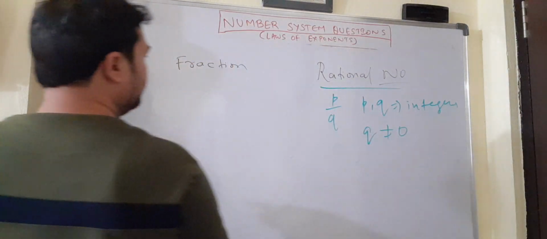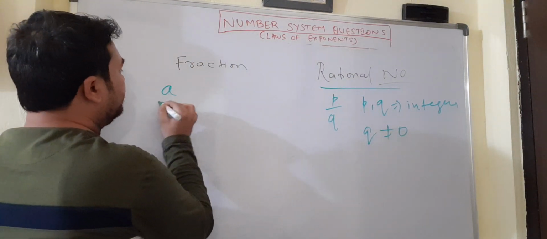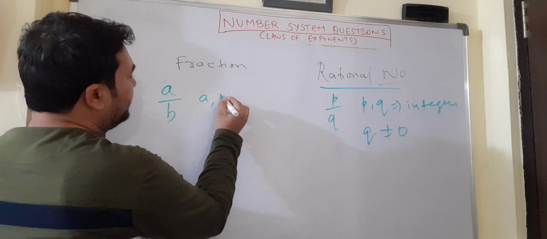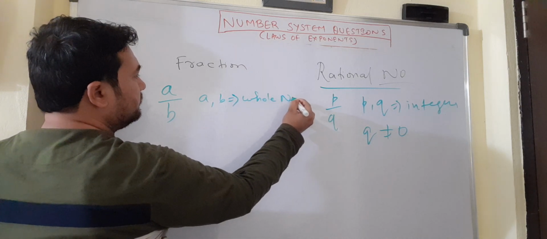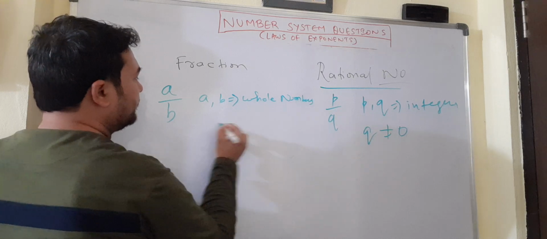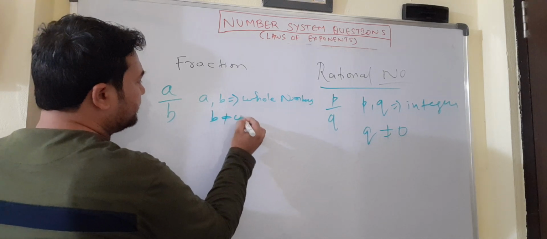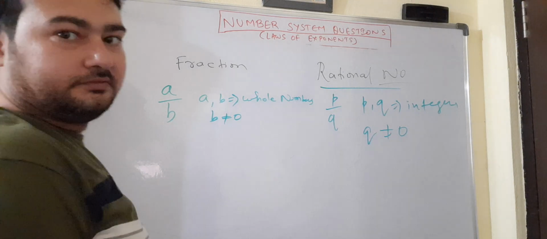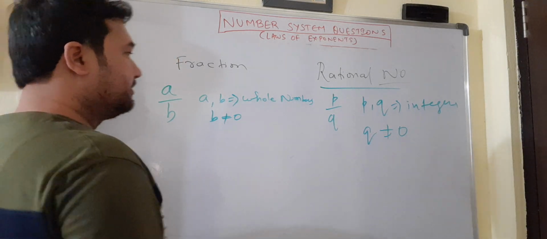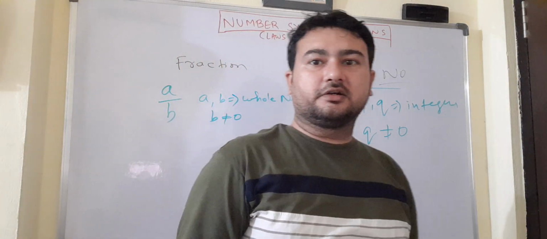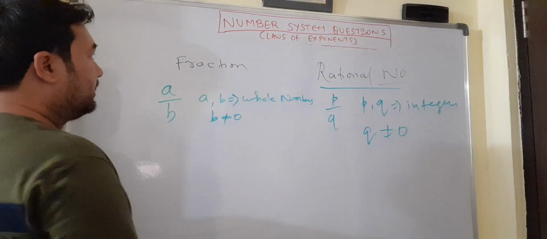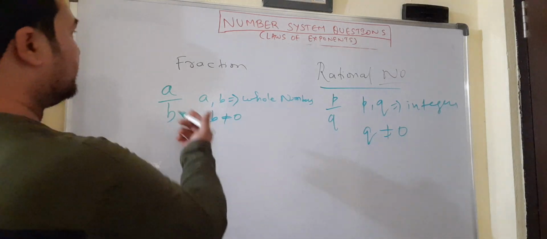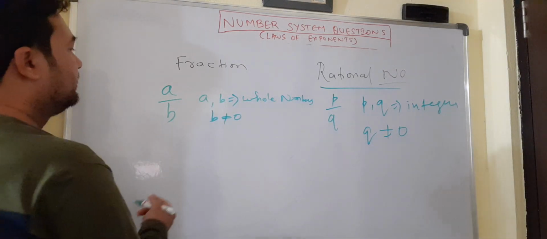However, fractions are in the form A by B, where A and B are whole numbers, and obviously B is not equal to 0 because division by 0 is not defined. Why division by 0 is not defined? We will study about it in later classes, in later video. Right now our focus is to see the difference between rational number and fraction.